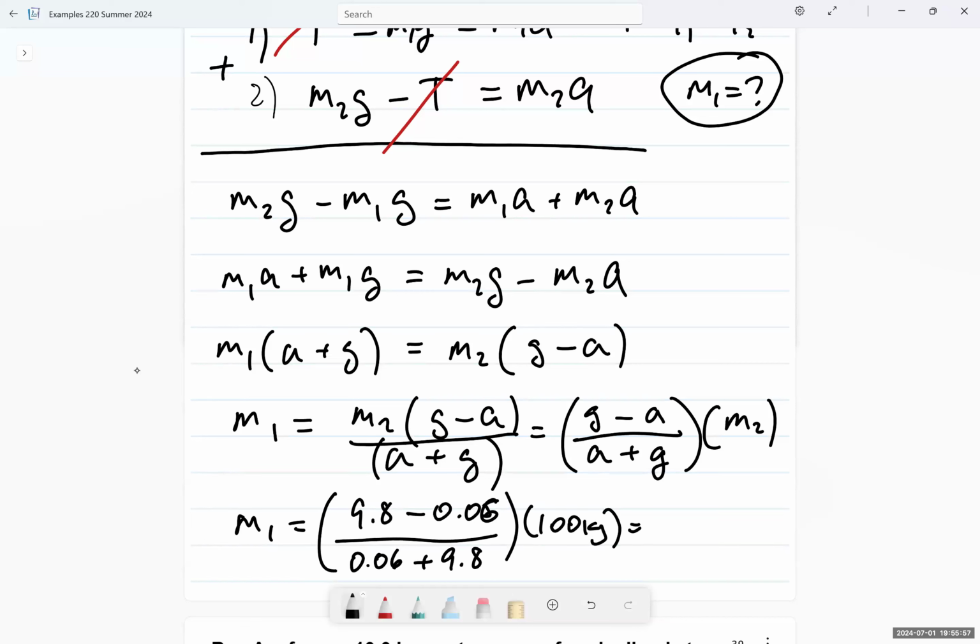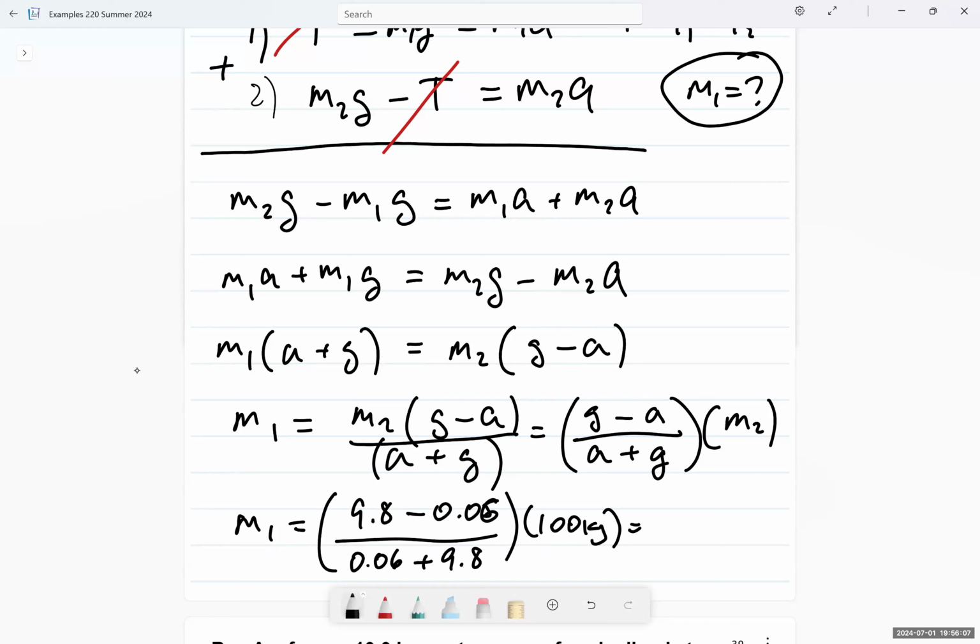This is the calculation, assuming I calculated A correctly in the first place. 9.8 minus 0.06 divided by 0.06 plus 9.8, I get 0.987 times 100.